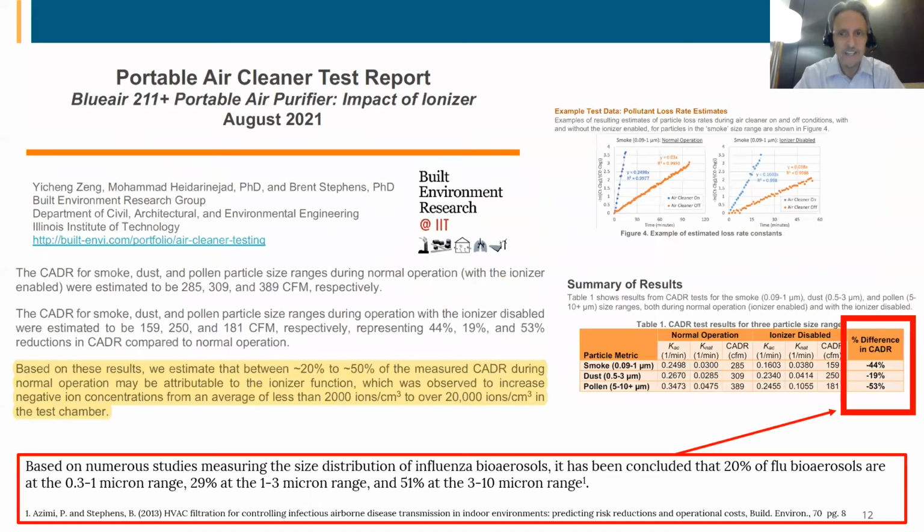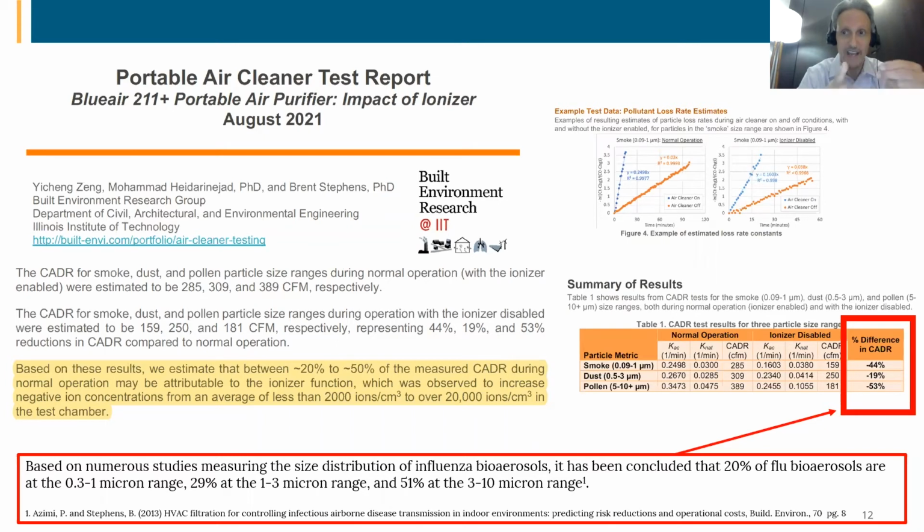And in fact, the Illinois Institute of Technology here in the United States did a CADR, which is a clean air delivery rate study, on a portable HEPA air filtration machine in a non-ionized and an ionized environment. And what they concluded was, based on the particle size, the ionized environment would contribute a 20 to 50% increase in that electronic air cleaner's clean air delivery rate.